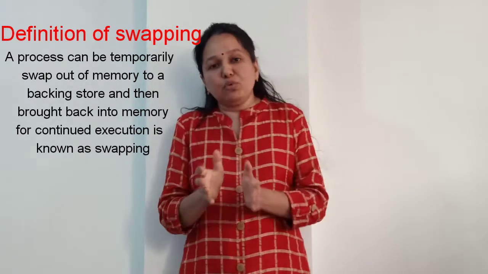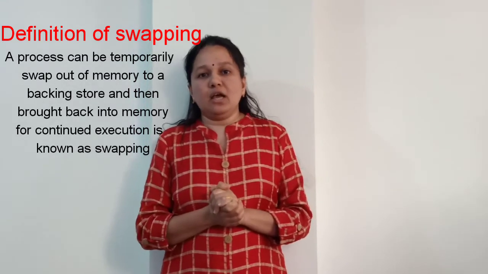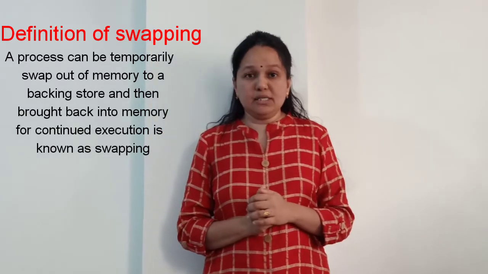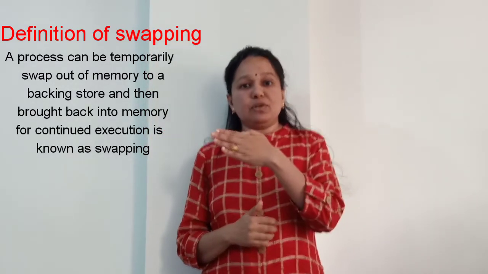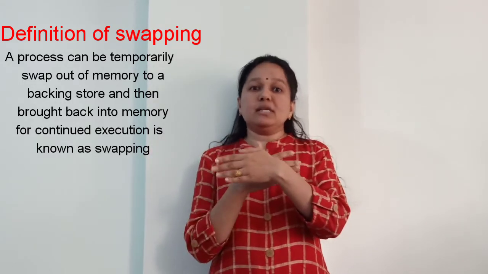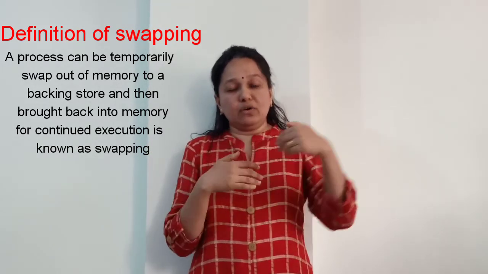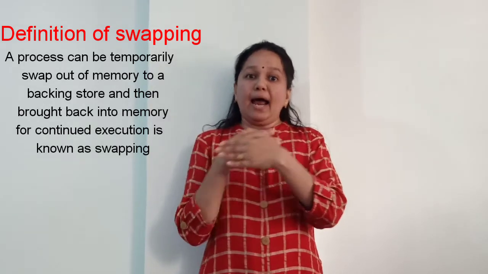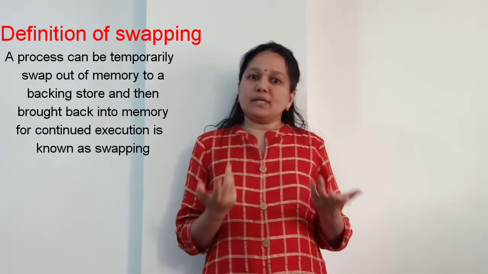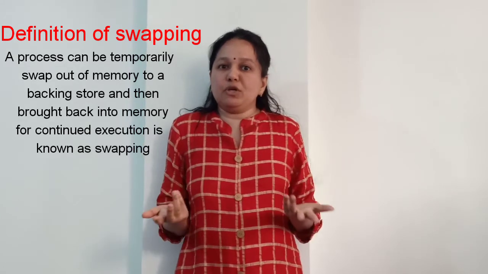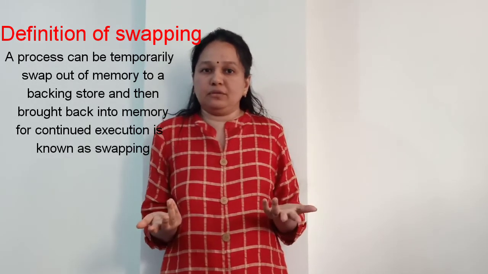But here the most important point is that whenever this swapping procedure is going on, that means whenever a process is swapped out and the process which wants to execute is swapped in to memory, at that time the CPU is idle. At that time the CPU has nothing to execute.